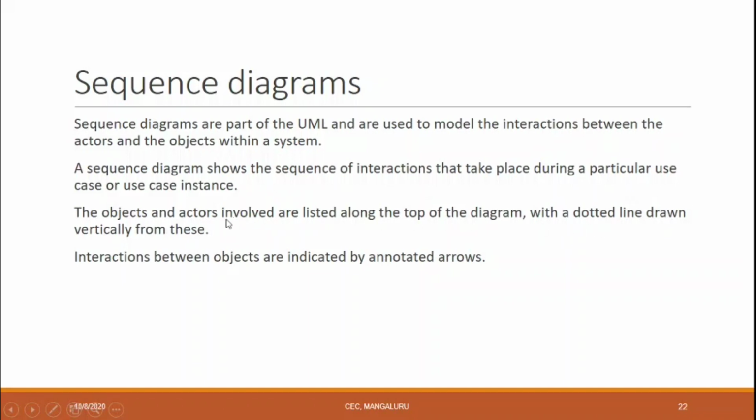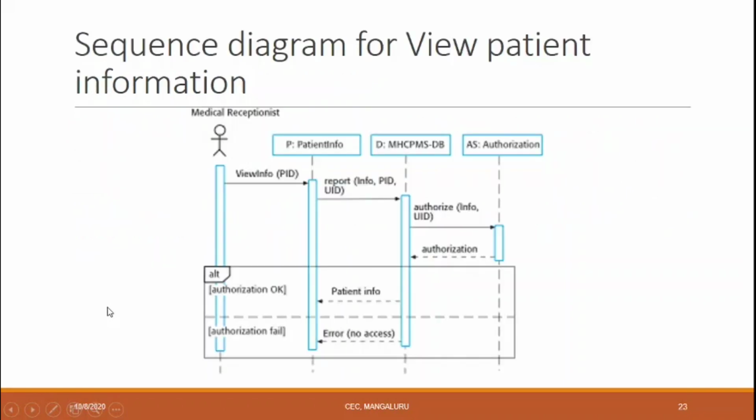The objects and actors involved are listed along the top of the diagram with a dotted line. Interaction between the objects is indicated by annotated arrows. I will show this in the next slide. You can see here the rectangle on the dotted lines indicates the lifeline.